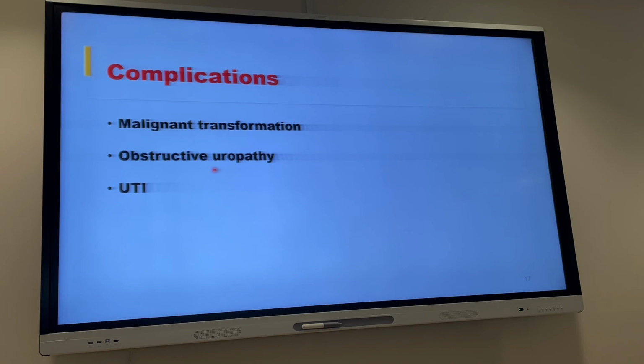You can have obstructive uropathy anywhere along the urinary tract. And like I said, in women, you may also have involvement of the reproductive organs. So you may have infertility and ectopic pregnancies as complications that could arise from this condition. The patient may have recurrent urinary tract infection, okay? And remember that E. coli is the leading agent of UTI.